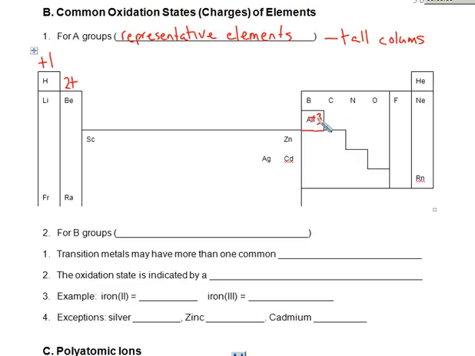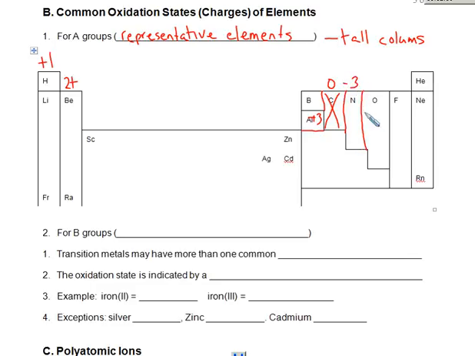The next column that we're going to look at is the carbon column here. These do not take on a charge. These form molecular compounds. They're not going to be gaining or losing electrons, so we don't even worry about these for now. However, once we get over here to the nitride family, now let's complete this column, these all take on a -3 charge.